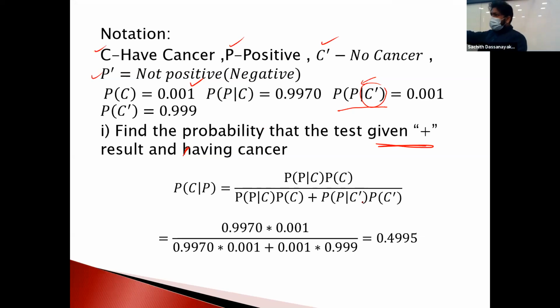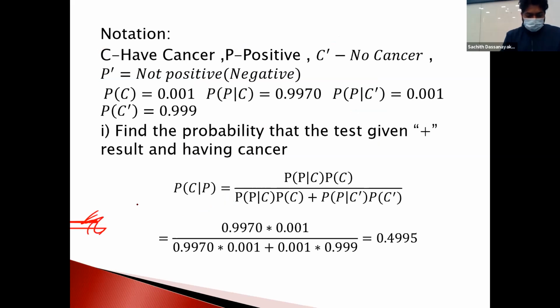So apply Bayes theorem. This is going to be the probability of P given C times the individual probability of C, divided by the summation of, I'll replace this part, the summation of the probability of P given Ci, for a moment I'll call it i, times the probability of Ci.